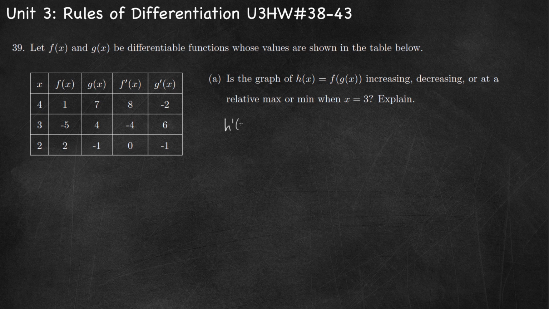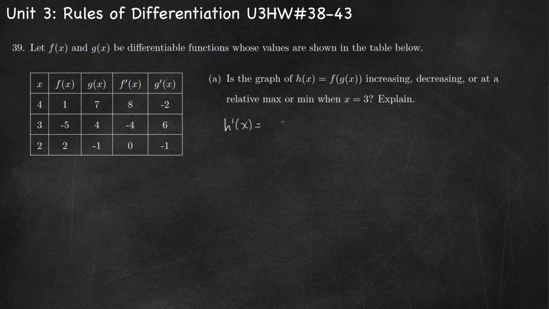In order to find the derivative of h, we're going to have to use the chain rule because h is a composite function, f of g of x. G of x is my inside function. F of the stuff is my outside function. So I'm thinking of h of x as f of stuff.